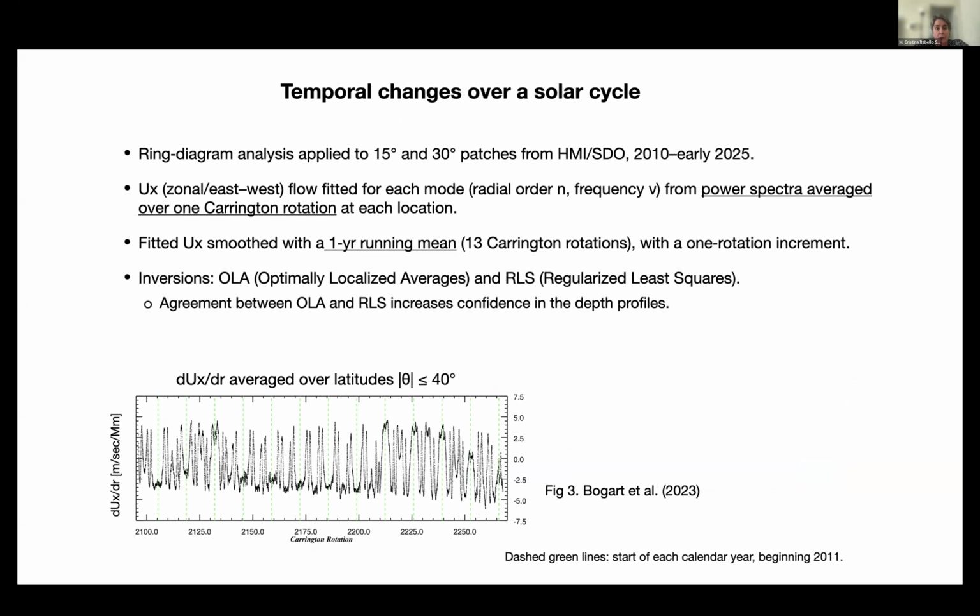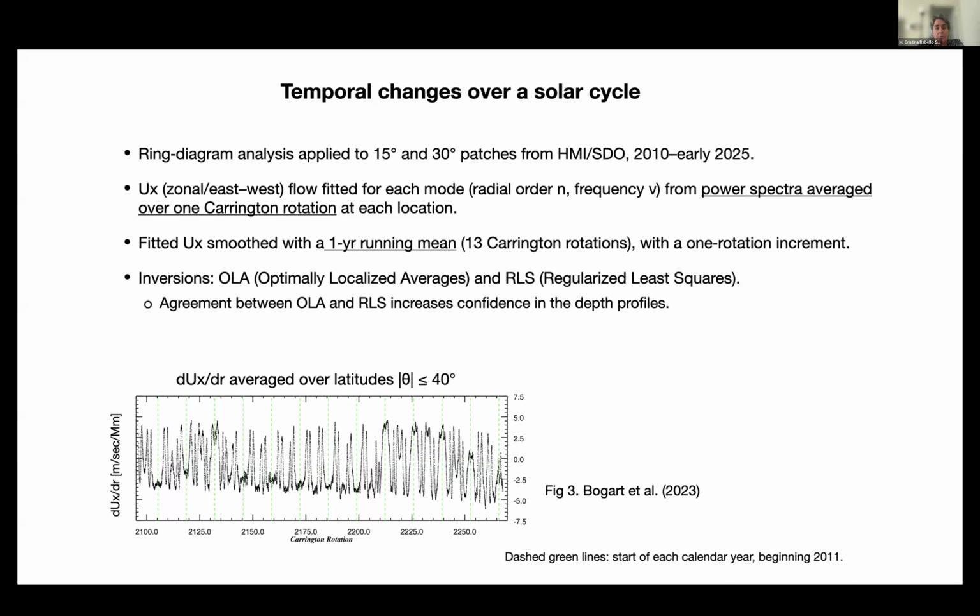So as before, we are going to use ring diagram analysis for 15 and 30 degree patches of HMI data. And now we fitted the power spectrum of 1 Carrington rotation. So again, we try to minimize this problem with the error correlation that generates these oscillations, which makes it more difficult and critical to calculate the shear.